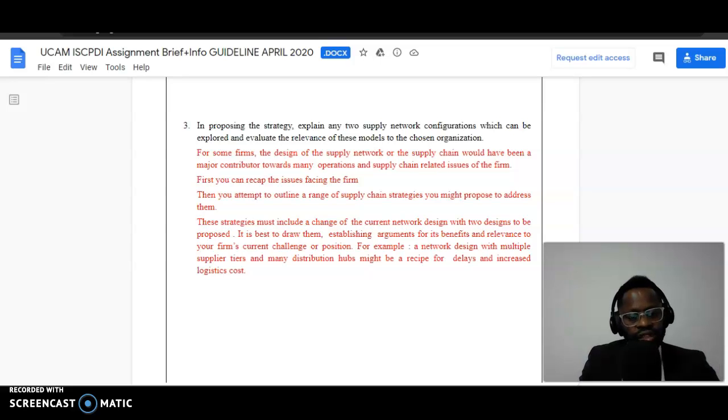Now, these strategies must include a change of the current network. As you mention the strategies, I just gave outsourcing as an example. Bear in mind that the supply chain network will require some adjustment, right? And there are many strategies. You're probably asking, well, what other strategies? There are so many supply chain strategies.